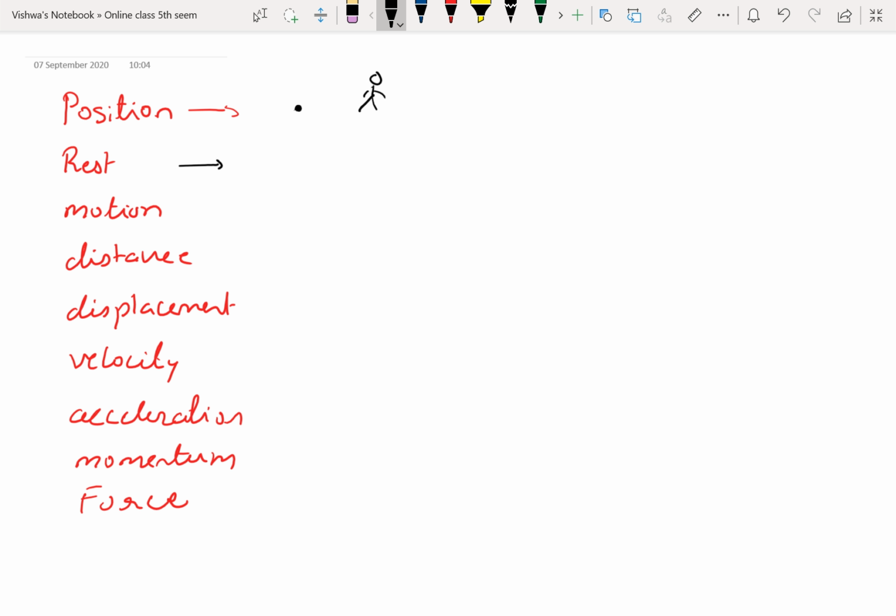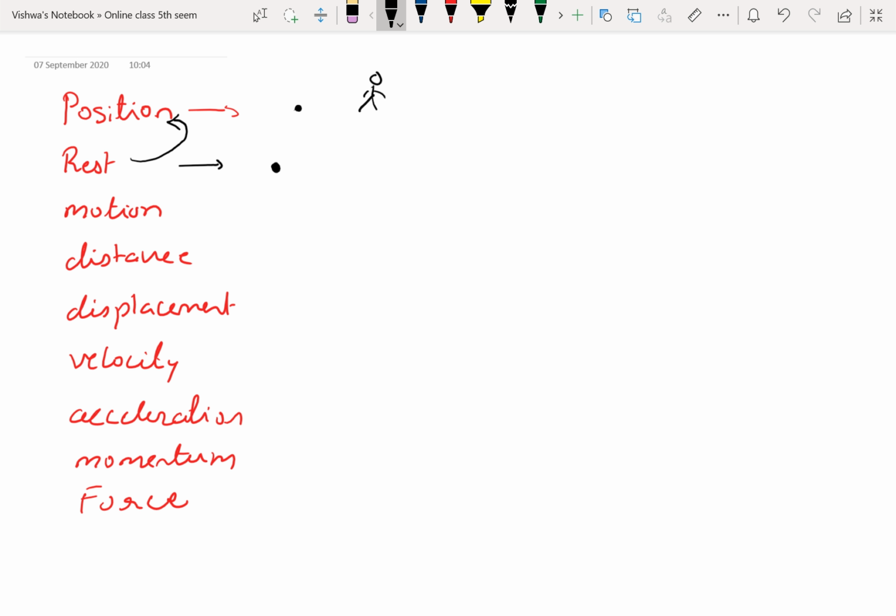Next, rest. Rest, we are going to define using this quantity, position. Now there is a particle here at this present time. After certain time intervals, again the particle is at the same place or position.